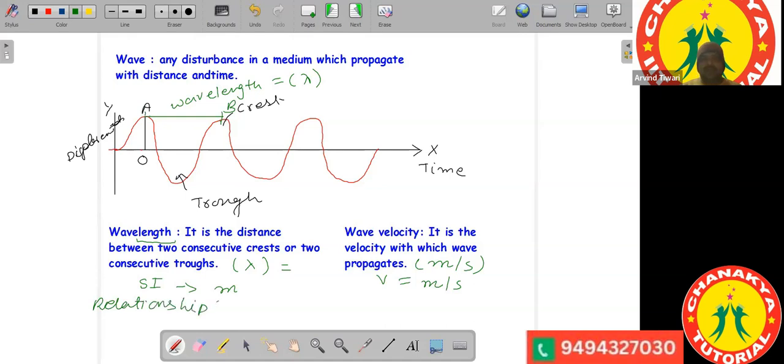This is a very important thing. It states that V is equal to nu lambda, or f lambda. Remember, this will work a lot for you. So the wave velocity is given by frequency into wavelength.